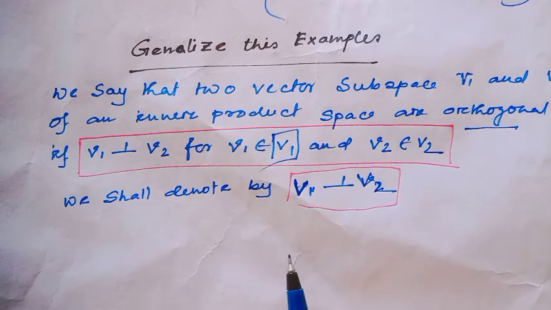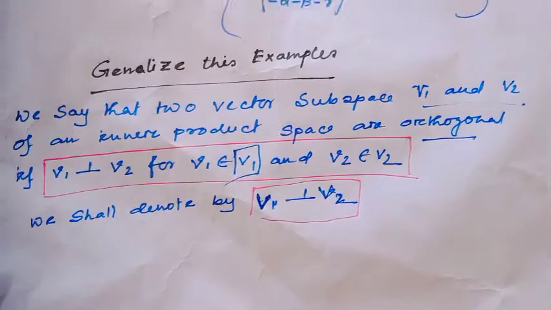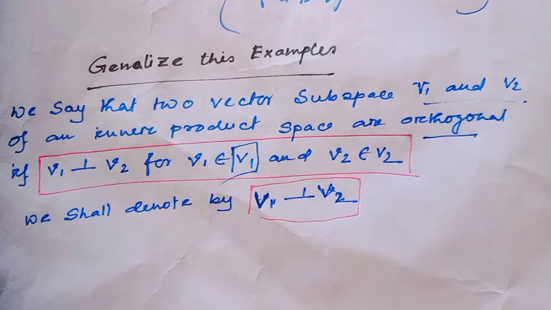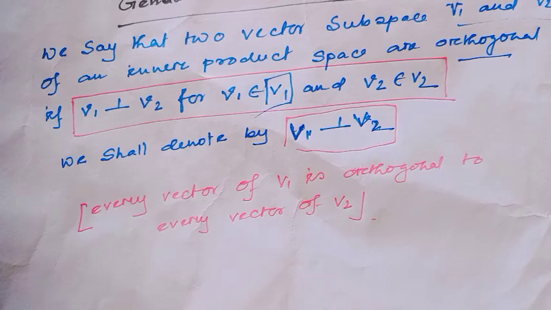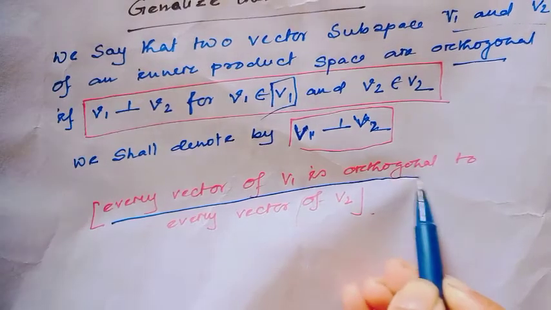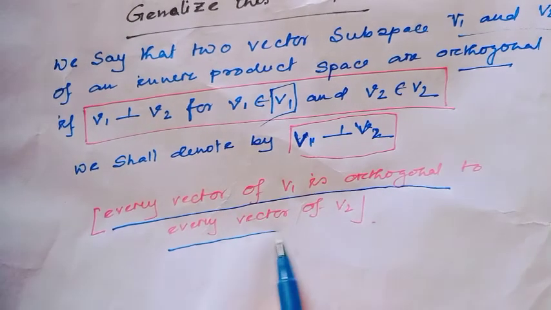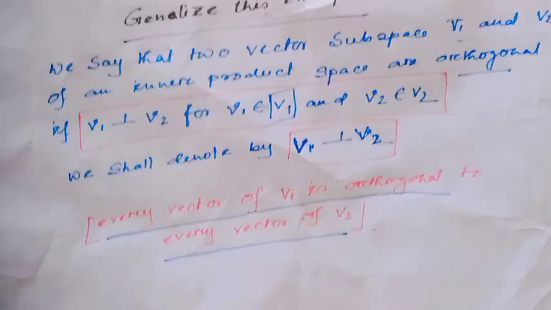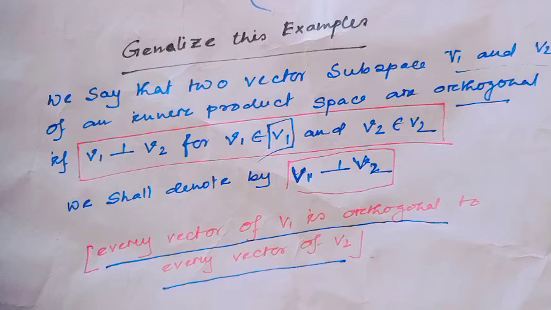Then we denote that the two subspaces, capital V1 and capital V2, are perpendicular to each other. That means the actual idea is that every vector of V1 is orthogonal to every vector of V2. This is the idea of when two subspaces are orthogonal.